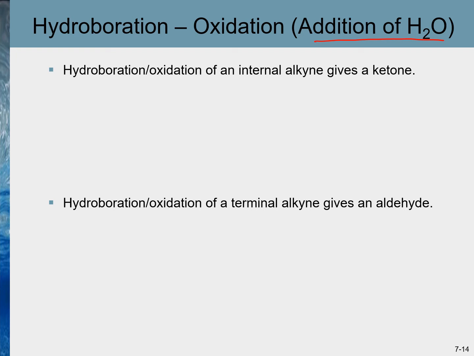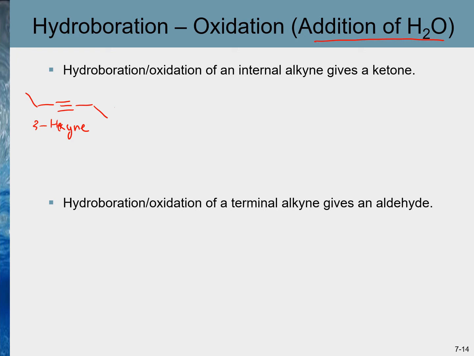So if we start with an internal alkyne, for example, hexyne, this is 3-hexyne. So in this alkyne, the triple bond is in the middle of the molecule, so that's why it's called an internal alkyne.